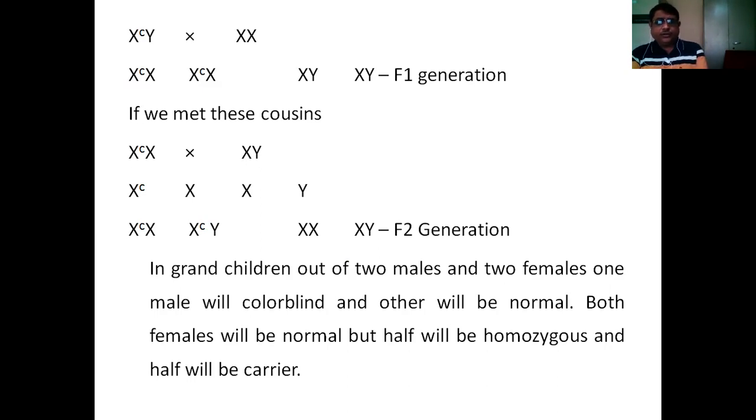The male will produce X and Y gametes. So in the F2 generation, we will get XCX, XCY, XX, and XY. Among the grandchildren, out of two males and two females, one male will be colorblind and the other will be normal, whereas both females will be normal, but half will be homozygous, while half will be carriers. In this way, we conclude for this particular example.